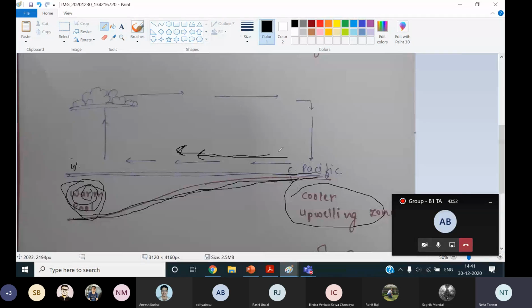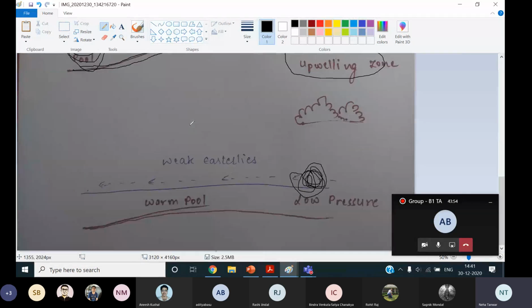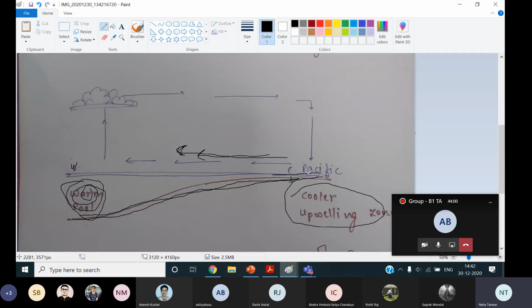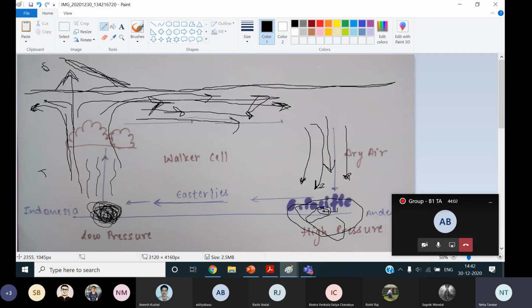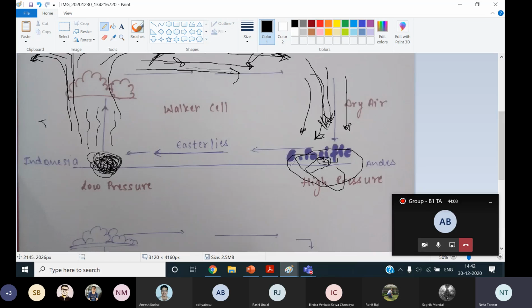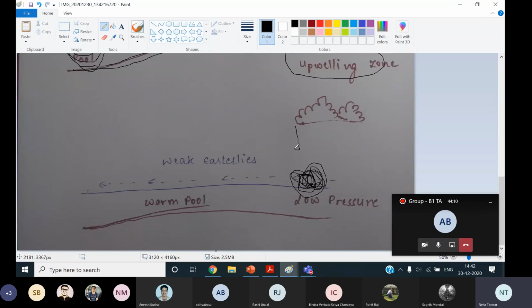This entire circulation pattern will be very weak. So what happens? Earlier, Eastern Pacific was a high pressure zone because the winds were converging here, and the convergence of winds causes high pressure. Since there is no convergence of winds happening here during El Nino event, it's going to be a low pressure zone.